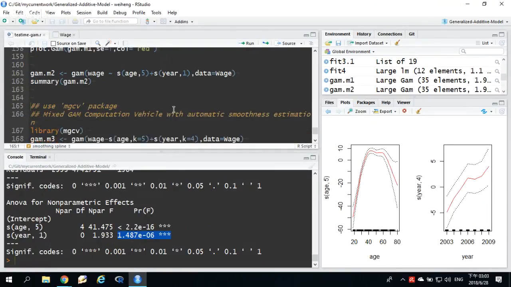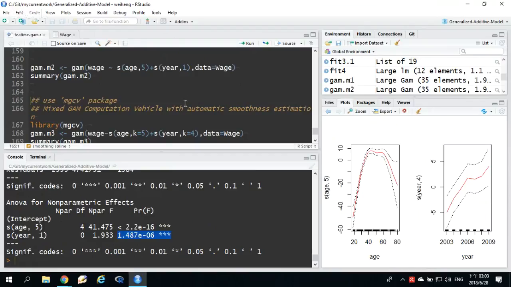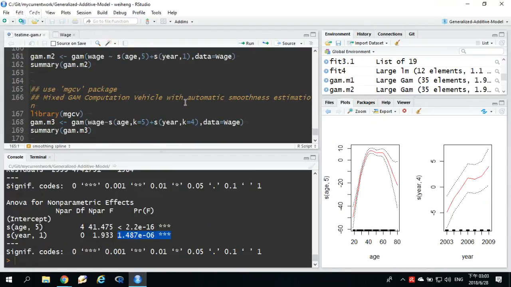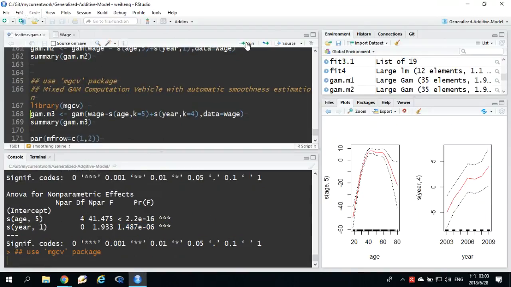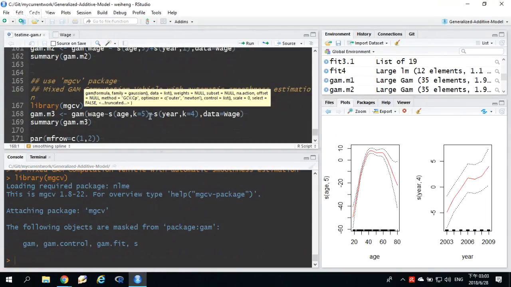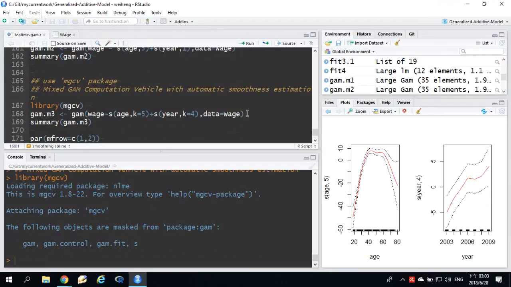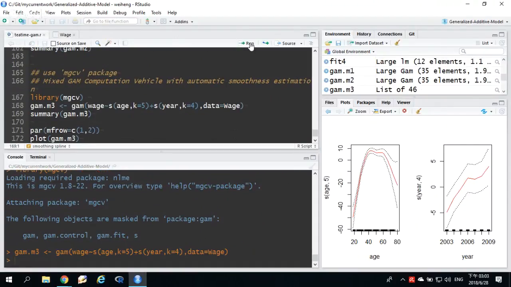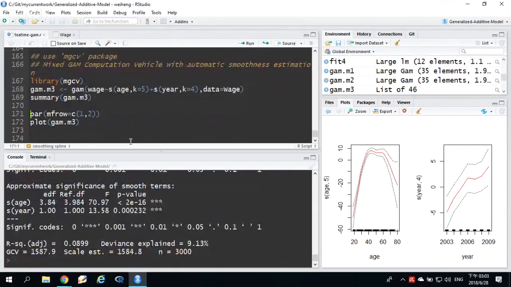And the next part will be the mgcv package. The same thing, you need to load library mgcv and use the same gam function and choose the df for each predictor. And let's see the summary result.